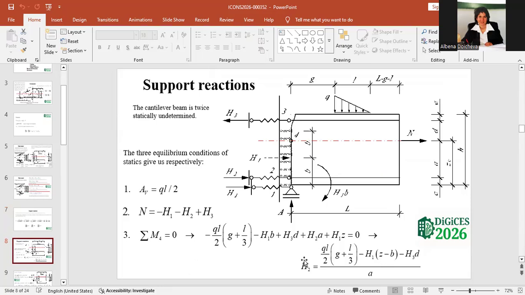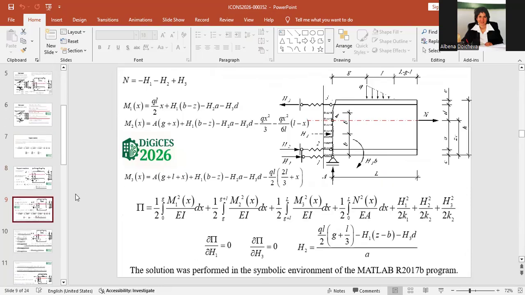This is one equation which we will use, and the other two equations, to calculate H1, H2, and H3, we find from the Menabrea theorem.